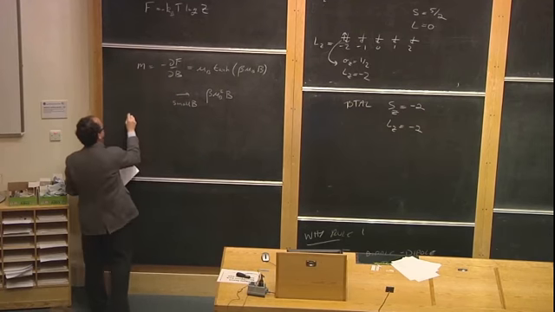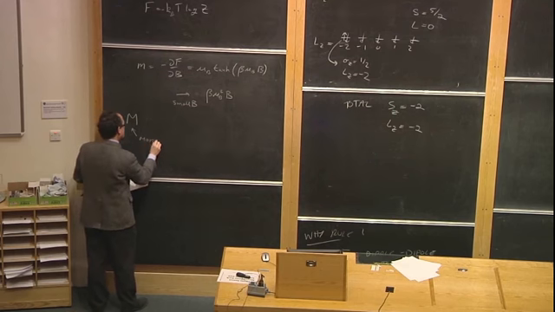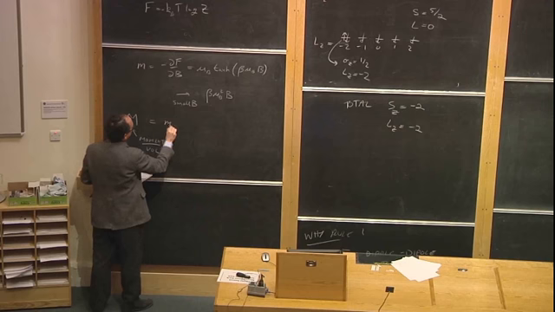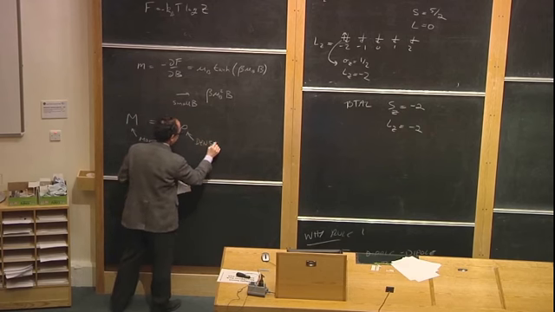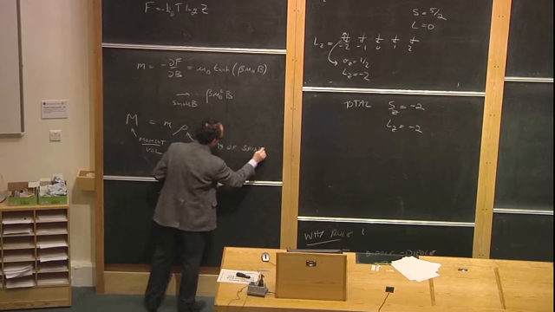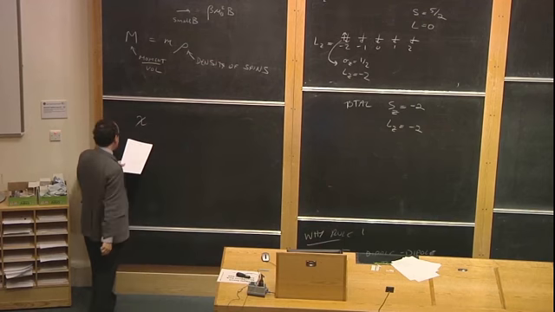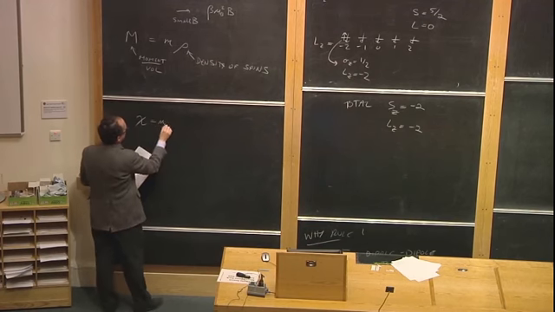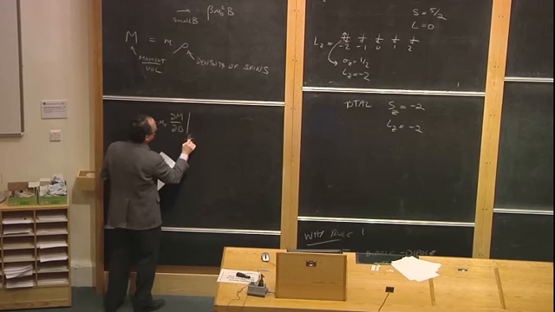Then the magnetization, capital M, which is moment per volume, is the moment per spin, small m, times rho, the density of spins. And then we can get the susceptibility, chi, which is, by definition, mu naught dM dB, taken at B equals 0.